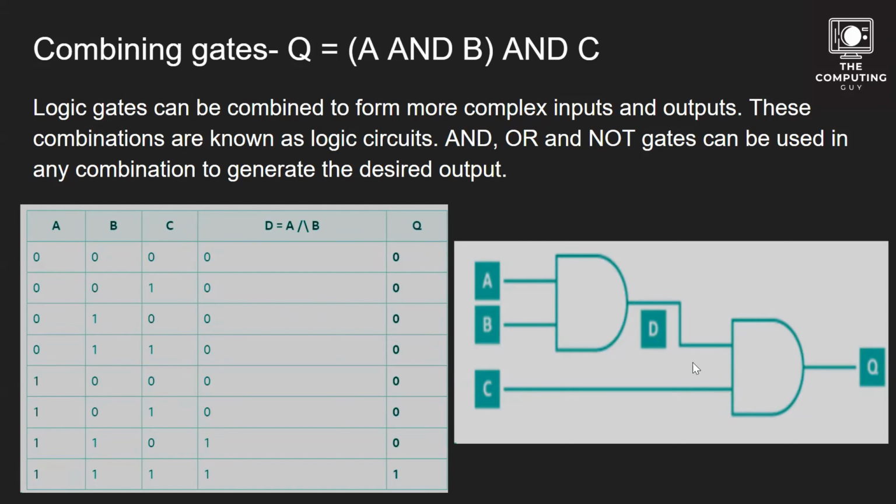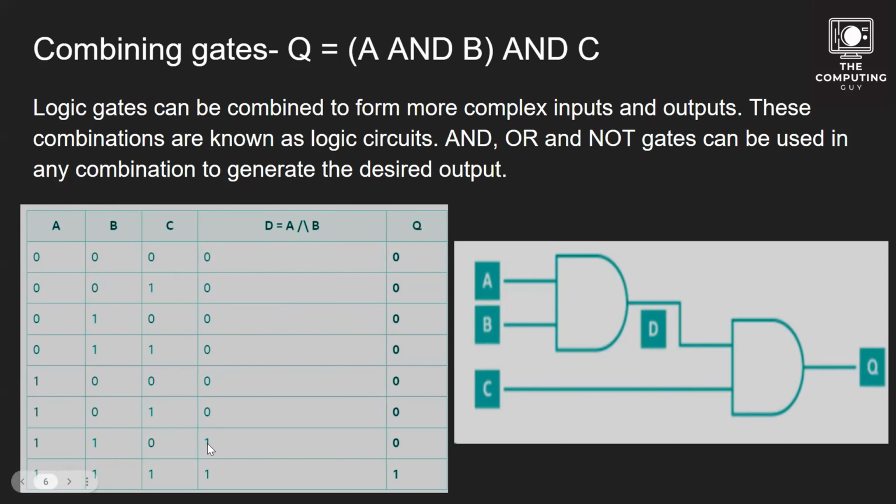Now, what we can do when we're working this out, we've got all our possible combinations here for A, B, and C. But before we can get to Q, we need D, because D is required for Q. So the first thing we're going to do is calculate what D is when we have A and B. Now, as we know, that'll only ever be true if we have both inputs.